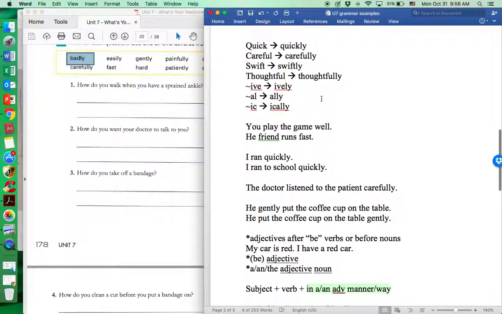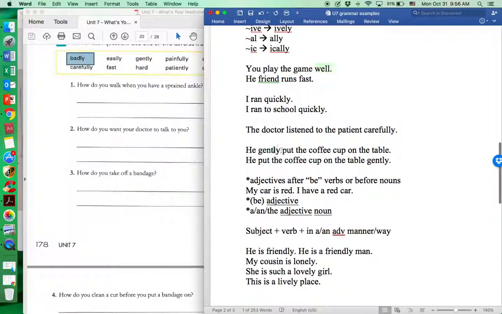Again, quick review. Add -ly to the adjective to come up with the adverb in most cases. The adverb comes after the verb in most cases. Sometimes we can put the adverb after the object clause. Sometimes we're going to put the adverb in front of the active verb because the object is kind of long, right?